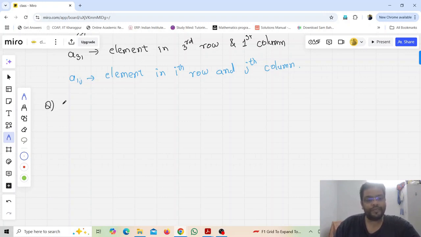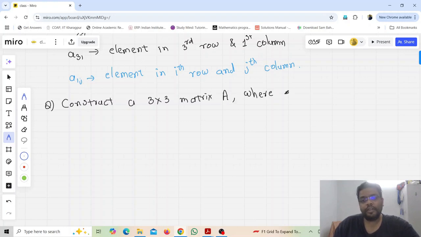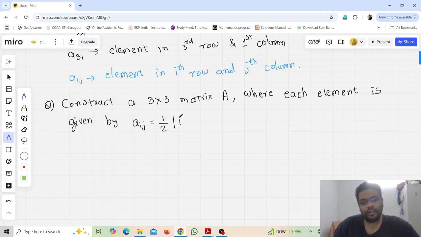So the question is, construct a 3 cross 3 matrix A where each element is given by Aij is equal to half of i plus j, which means that you have to add which row and which column the element is in and divide it by 2.